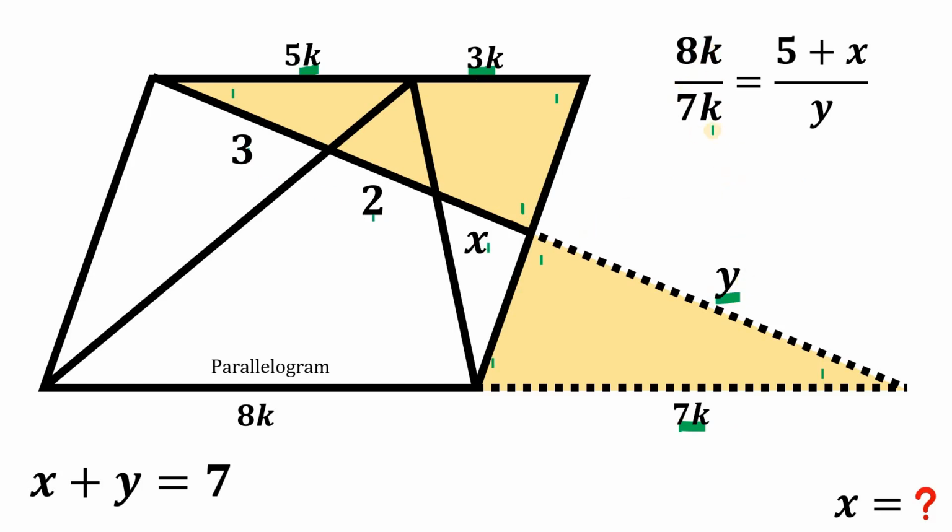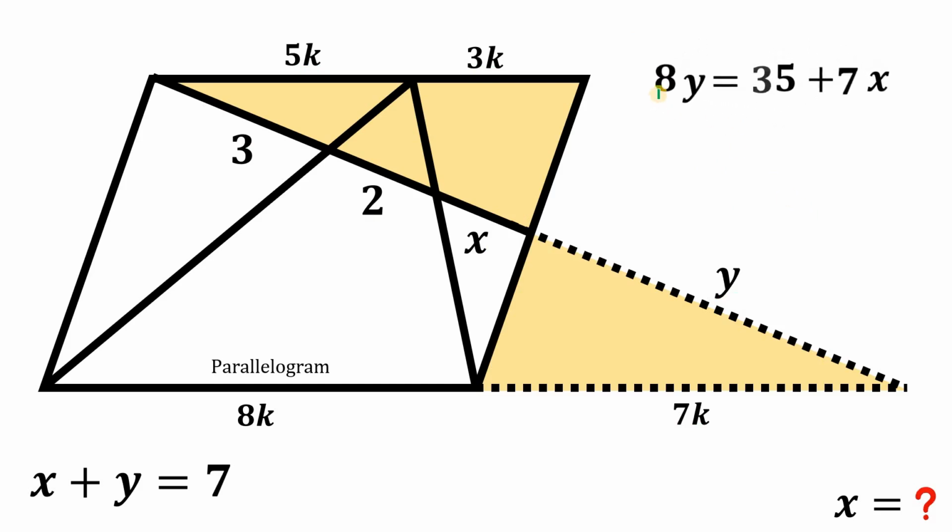And this k and k cancel out. This is just 1. So we have here 8 over 7. Now cross multiply. We have 8y equals 35 minus 7x. And then rearrange some terms a little bit. We have negative 35 equals 7x minus 8y.